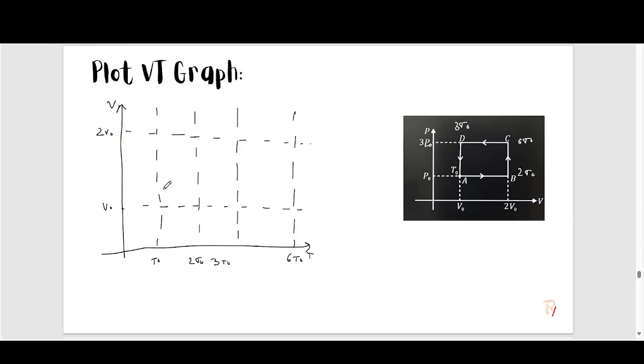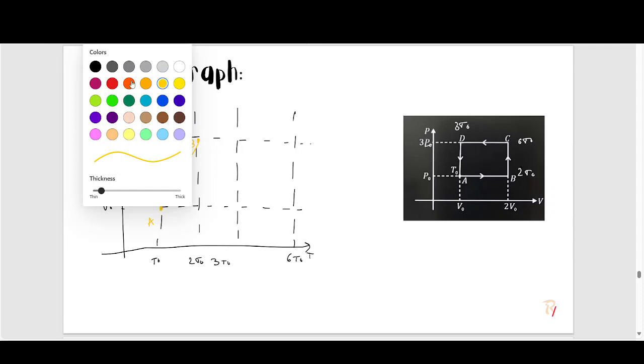Here let me take from here, let us consider A, from A to here B, and let me consider another color, suppose green.